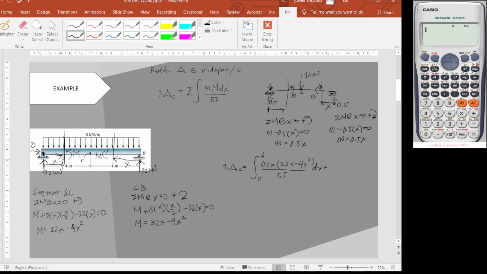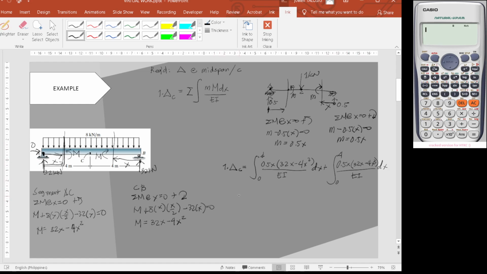Plus the next segment CB, it's the same, 0 to 4, as we start at B to C.